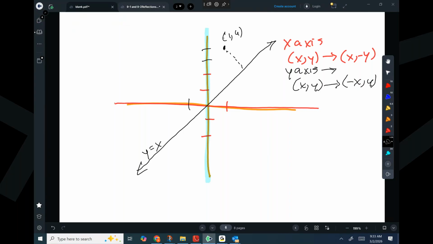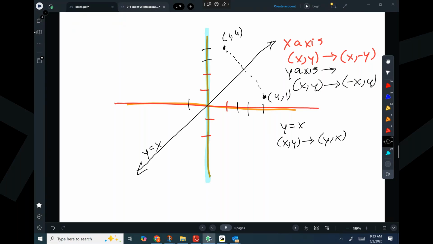It reflects at a perpendicular, right? So it's going to look like somewhere around here. And then you have to eyeball that. What would that be? That's looking like 4, 1. Yeah? So when you reflect over y equals x, xy becomes yx. Easy?